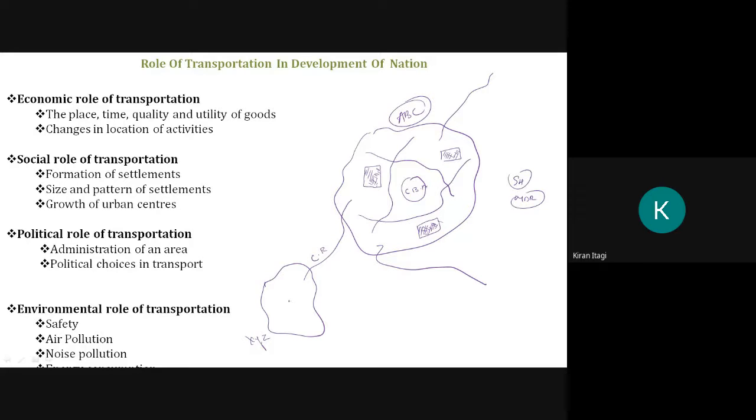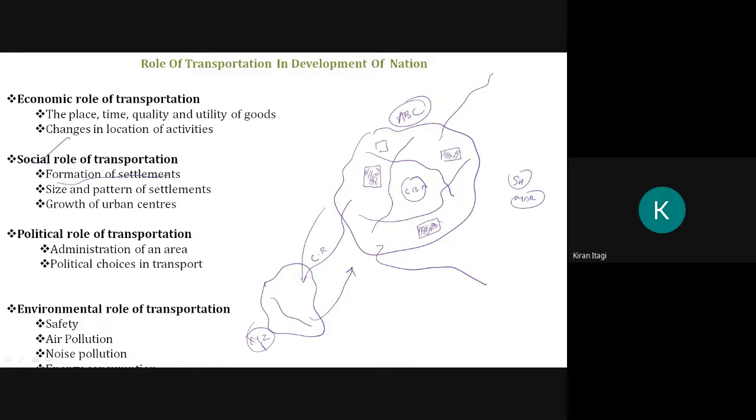As you see in XYZ, you have only one road, and the people migrated from village to city rather than from city to village. So the role of transportation also helps in the social role, that is, the formation of the settlement. See, the people have migrated here.